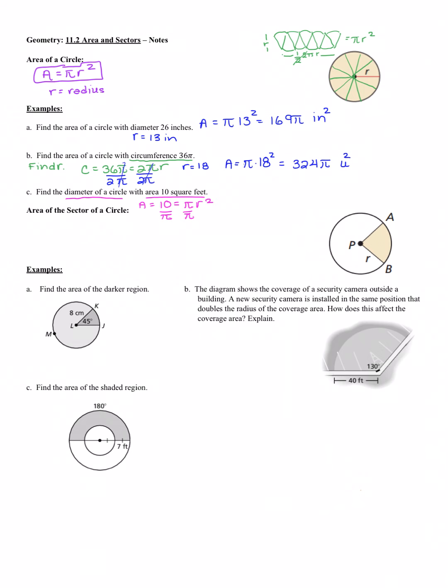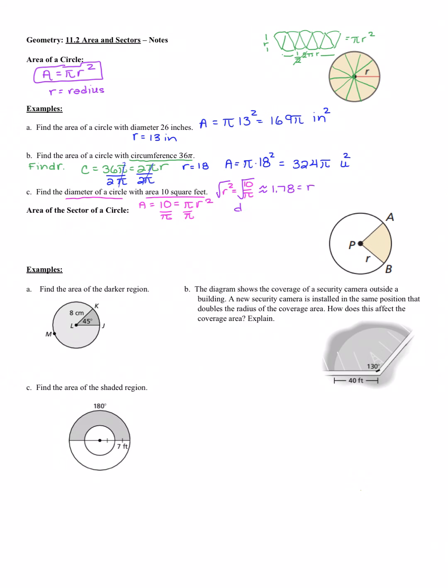and so I know that r squared is 10 over pi, so we're going to have to take the square root of all that, and that as a decimal is about 1.78. That's my radius.